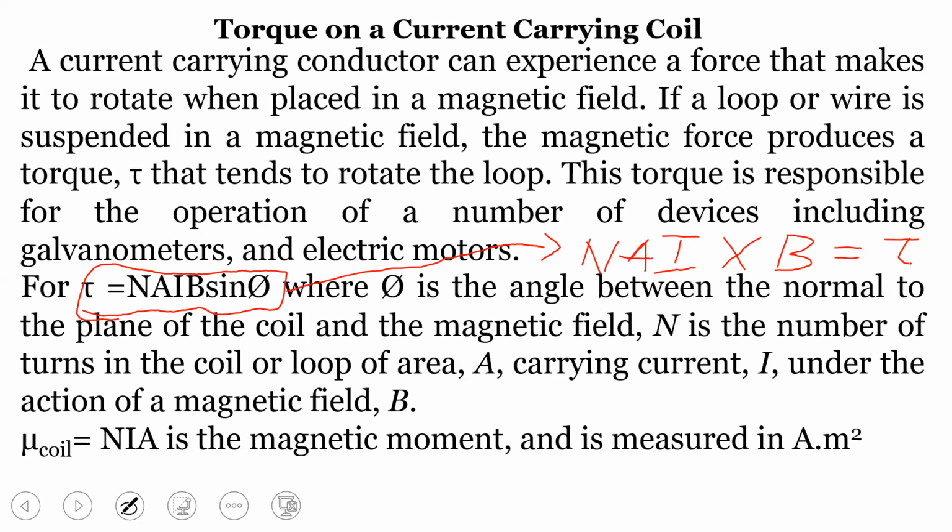So in the presence of a magnetic field B, when current I is flowing through, the torque depends on the strength of that magnetic field B. It depends on the current flow I. It depends on the area of that coil A. And it also depends on the number of turns.